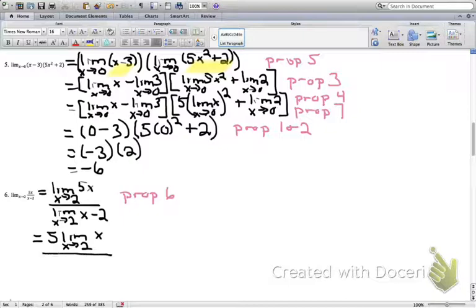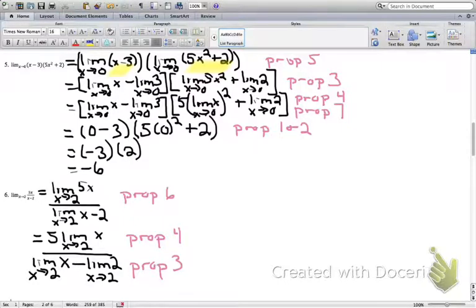So that's property 4, and then in the denominator we're going to take the limit of x as x approaches 2 minus the limit of 2 as x approaches 2. And again, in the numerator we use property 4, and in the denominator we use property 3.